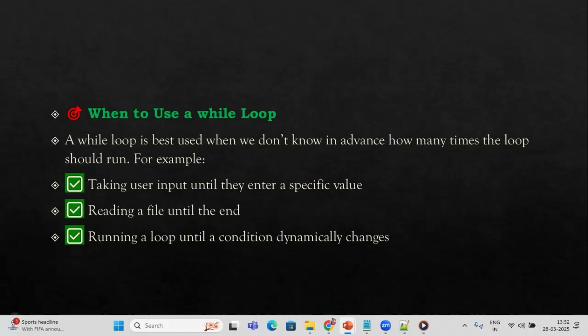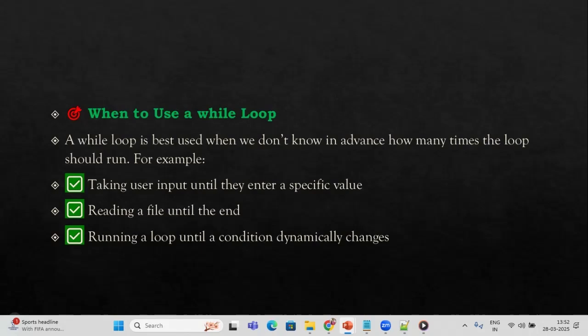When the user gives input, the loop will run. Other examples are reading a file until the end, and running a loop until a condition dynamically changes. This is when to use a while loop.